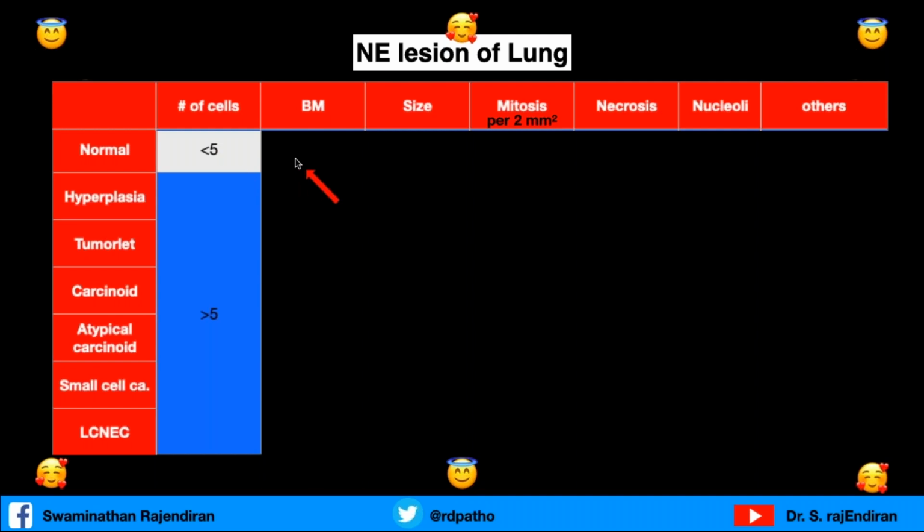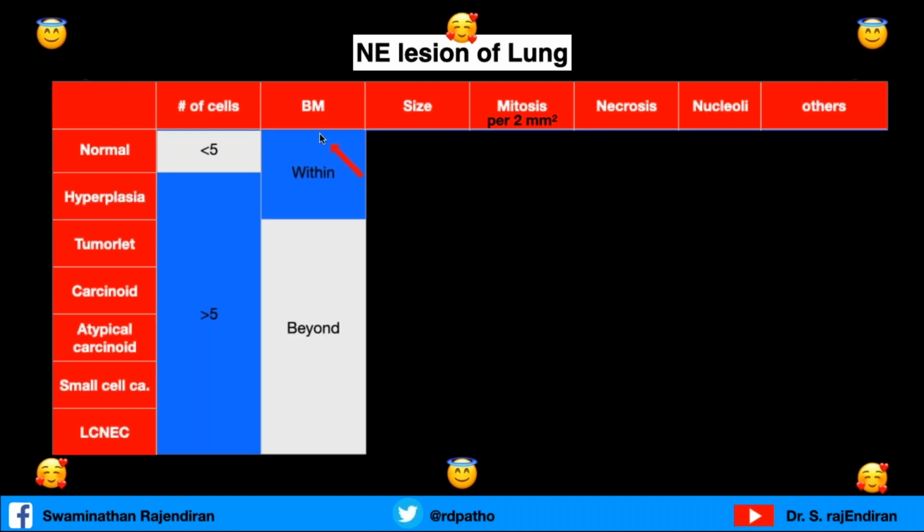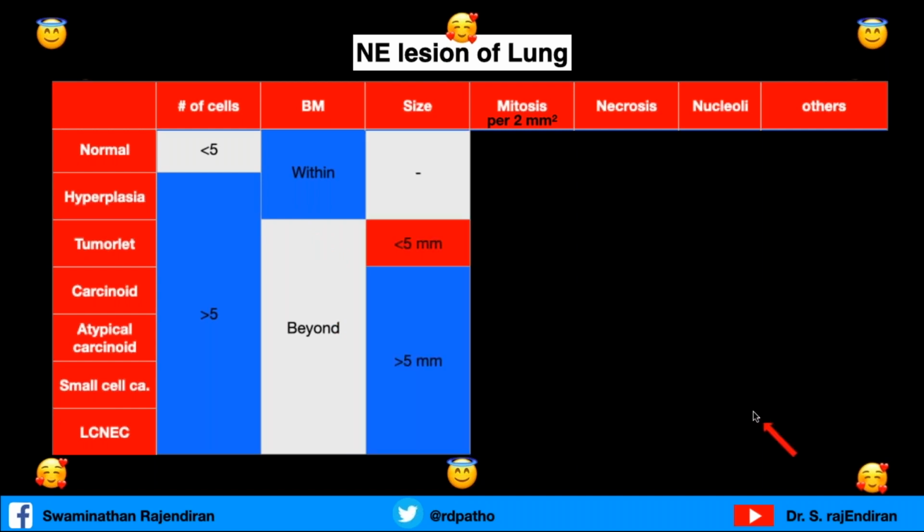When it is more than 5, it is either hyperplasia, tumorlet, or others. When seen within the basement membrane, less than 5 cells is normal, more than 5 cells is hyperplasia. The terminology is diffuse idiopathic pulmonary neuroendocrine cell hyperplasia within the basement membrane, whereas tumorlet is outside the basement membrane. 5 millimeter is the cutoff.